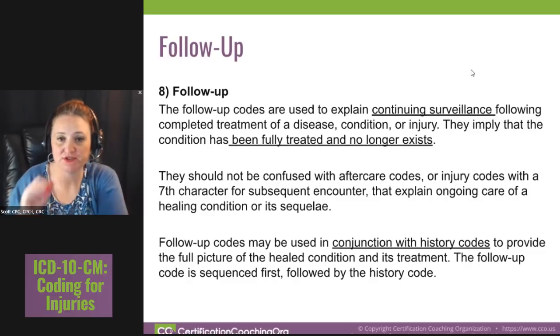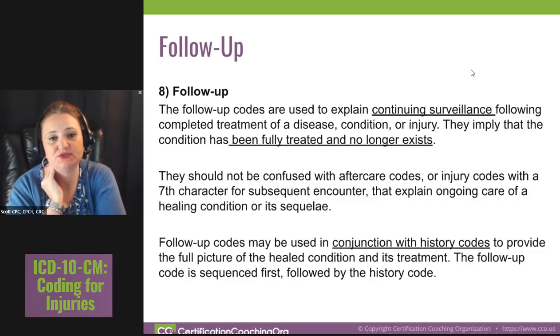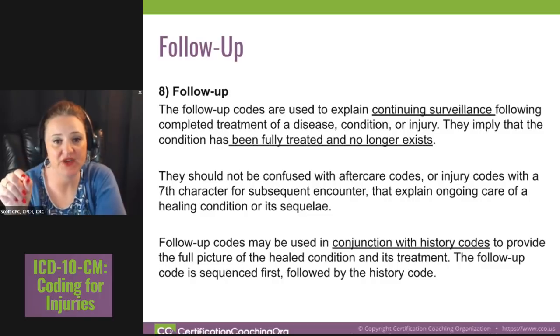Follow-up, also very confusing. So what constitutes a follow-up? Well, we're just keeping an eye on it. So the keywords: continued surveillance, right? The treatment's completed, but they've been healed and everything's going fine, and the doctor is just following up.